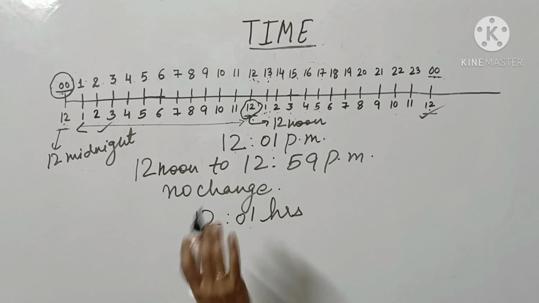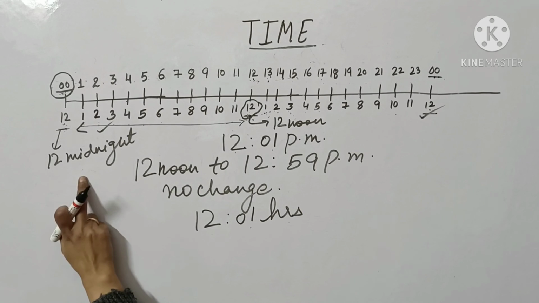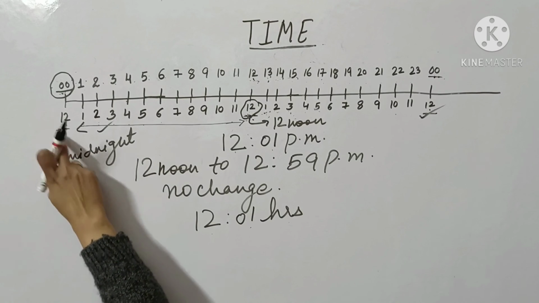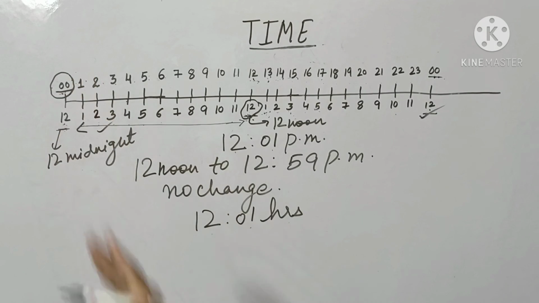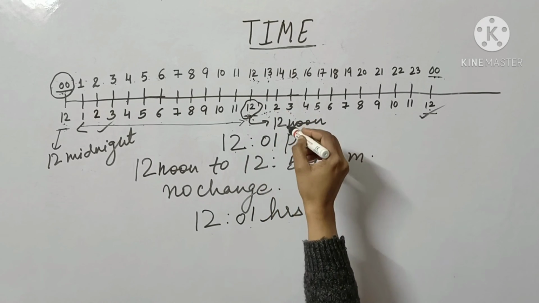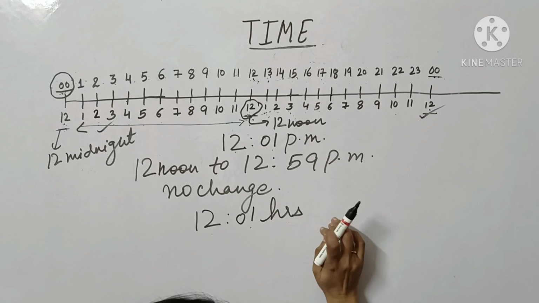Got it? So you understood? Only these 2 points you have to remember. That is, from 12 midnight to 12:59 AM, we will subtract 12 to convert it into 24-hour clock time. And from 12 noon to 12:59 PM, no change. Both the times are the same.